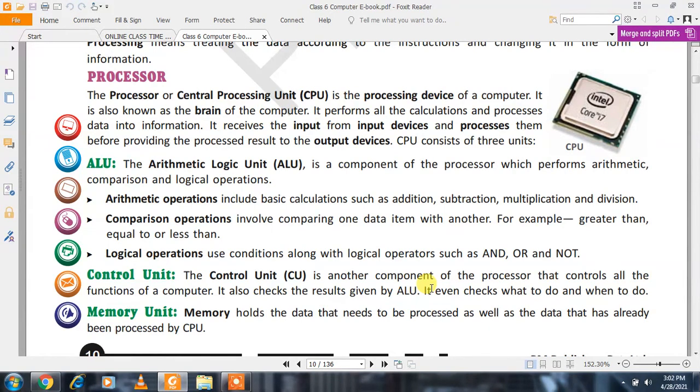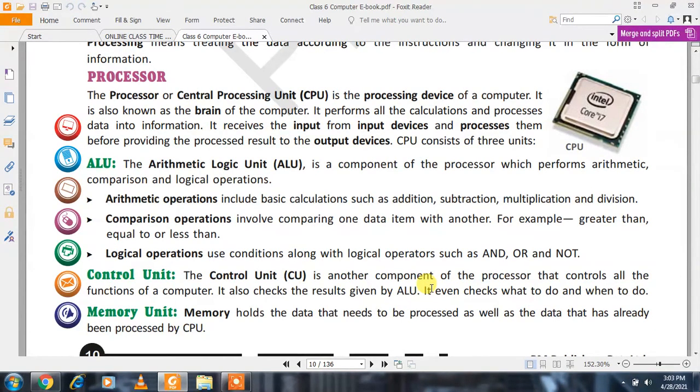ALU is basically the Arithmetic and Logical Unit. Its name shows that its work depends on arithmetic, comparison and logical functionality. Arithmetic operations include addition, subtraction, multiplication and division. The comparison section involves comparing one item to another, one data to another data, that is, greater than, smaller than, less than or equal to, or greater than or equal to. And the logical operations use conditions along with logical operators such as and, nor, or, not.